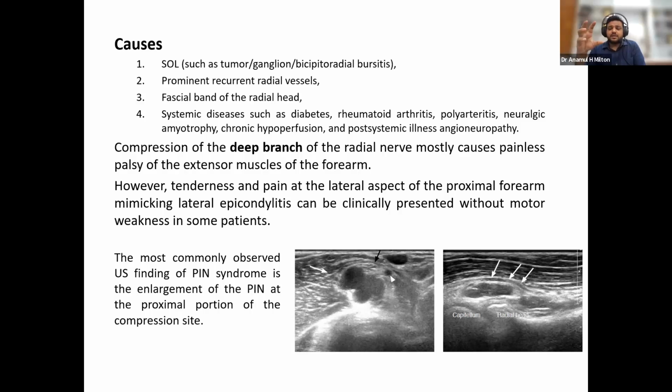Sometimes systemic conditions may also affect this area, like diabetes, rheumatoid arthritis, polyarthritis. So these deep muscles, when they cross this area, may be entrapped, and posterior interosseous nerve symptoms may develop: numbness, tingling sensation, and not working for a long time.